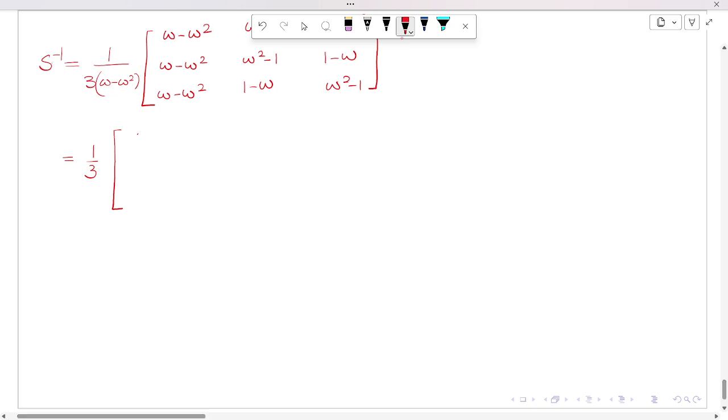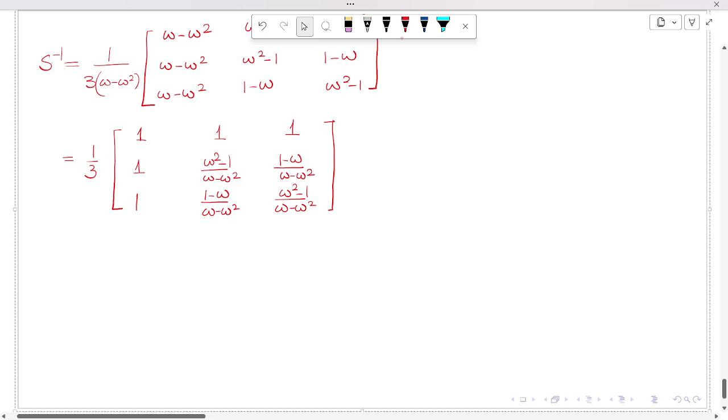So this thing is 1, 1, 1, 1, omega square minus 1 by omega minus omega square, 1 minus omega by omega minus omega square, 1, 1 minus omega by omega minus omega square, and omega square minus 1 by omega minus omega square.